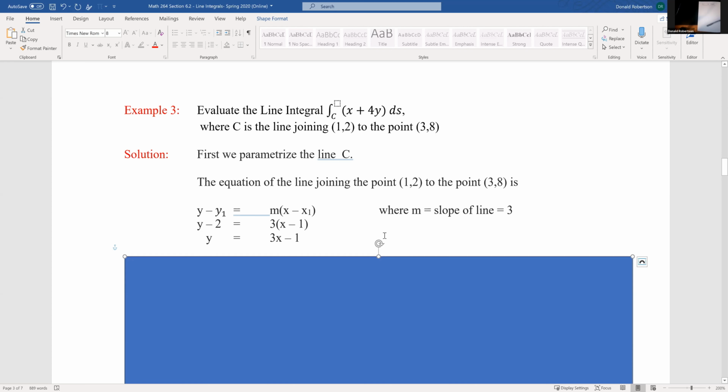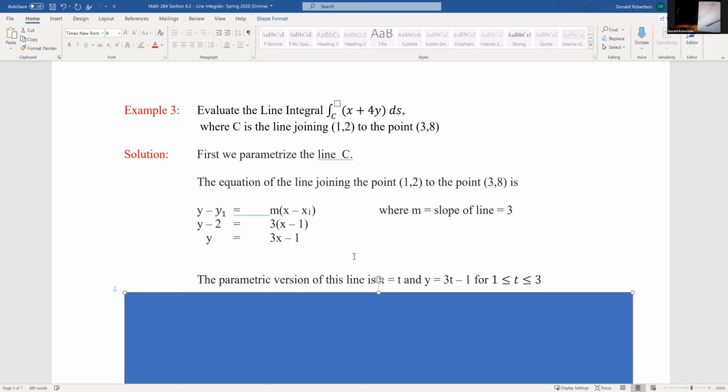Now, that's the equation of the line, but I don't want to know the equation of the line with x's and y's. I want to know the parametric equation of that line. So that's a different thing we've got to do. We've got to figure out how to make that parametric. It's actually dead easy. One of the few things that are dead easy in this section.